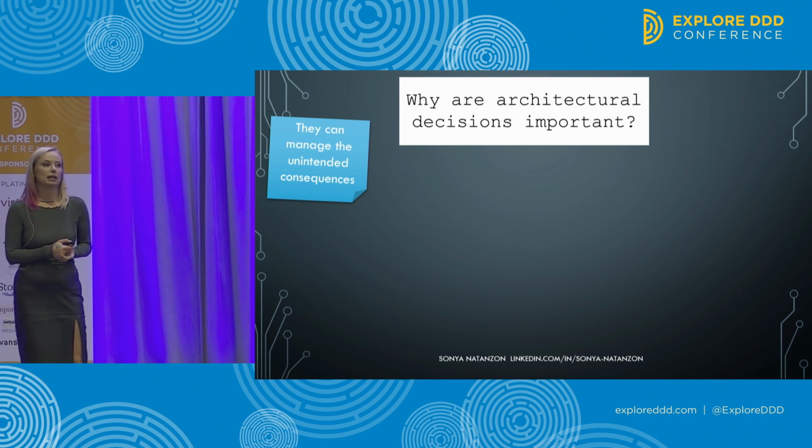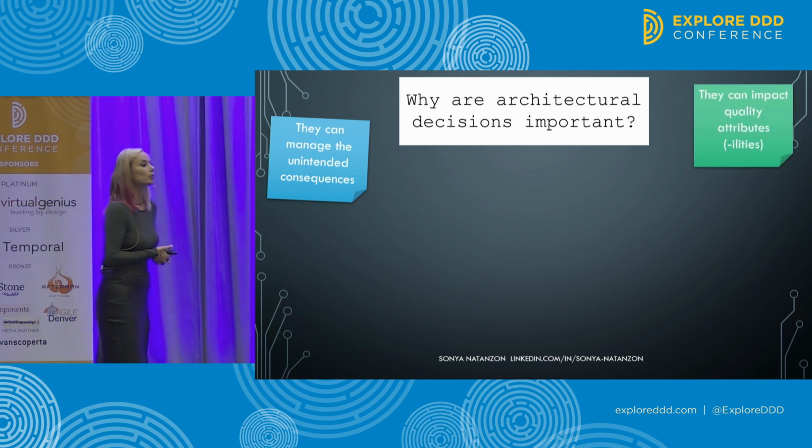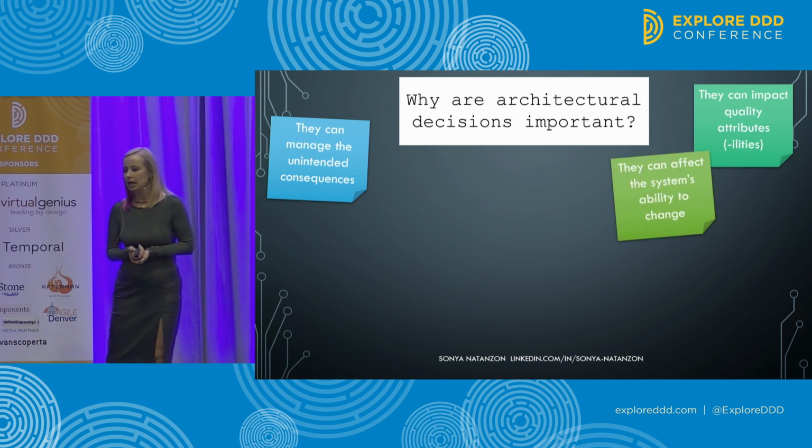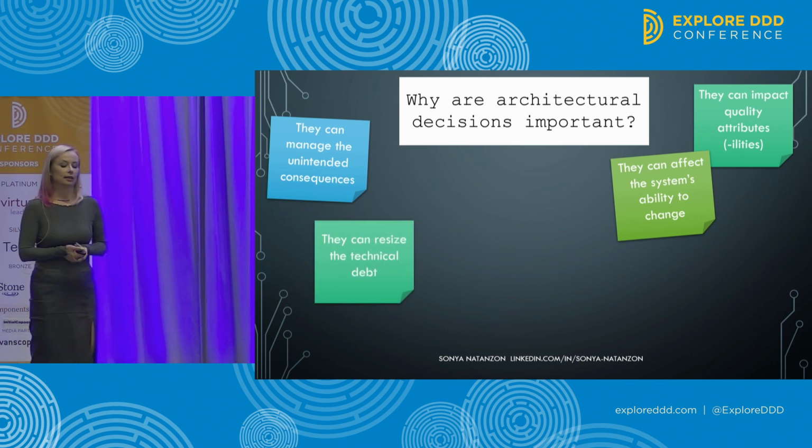So decisions can manage unintended consequences, kind of like the one we just saw in an example. They can impact your quality attributes or your abilities. They can affect your system's ability to change. They can resize your technical debt.